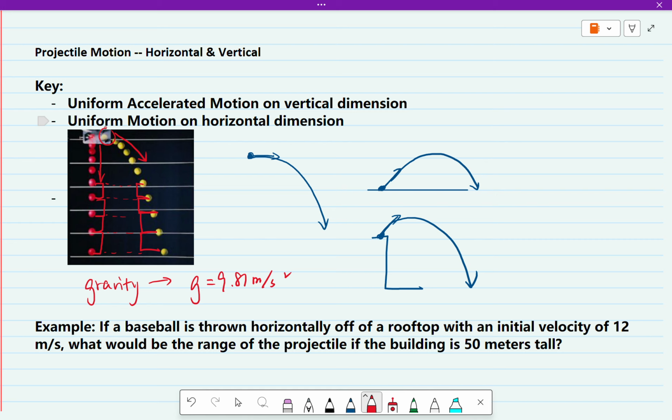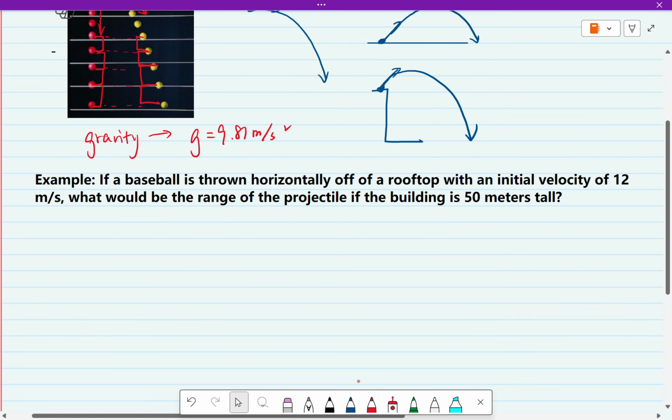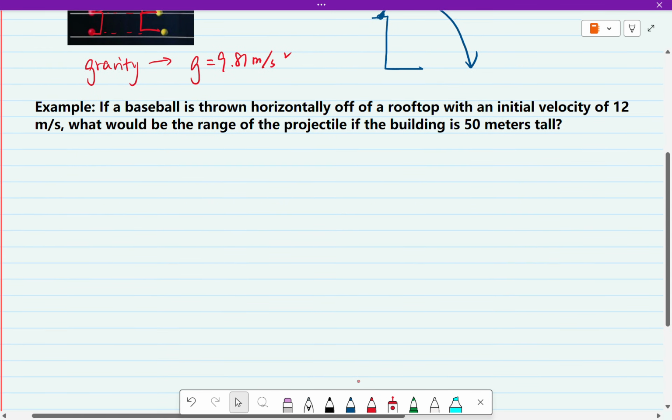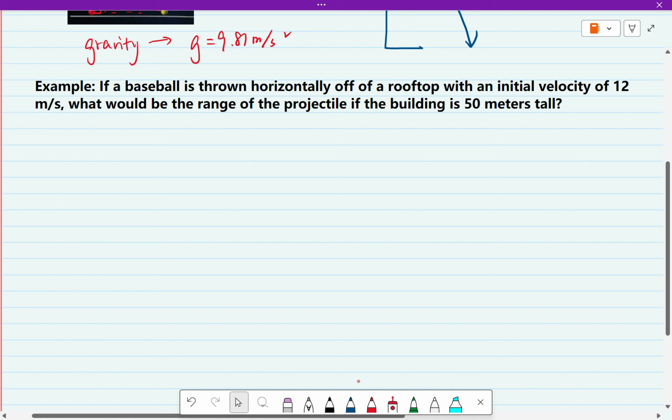So in fact, on the horizontal dimension, on the x-axis for this yellow ball, the velocity is kept constant. And we will look at how that affects our problem solving in the next example questions. So, in this video, we will focus on firing horizontally with an initial velocity, this scenario.